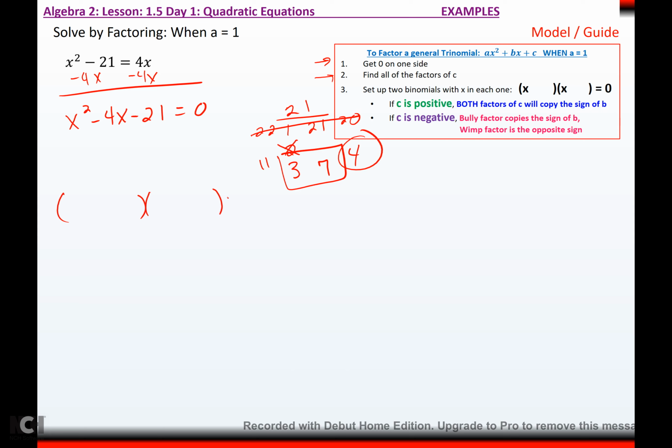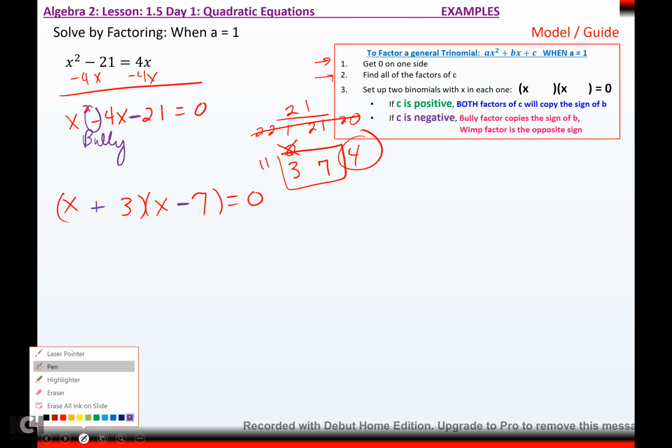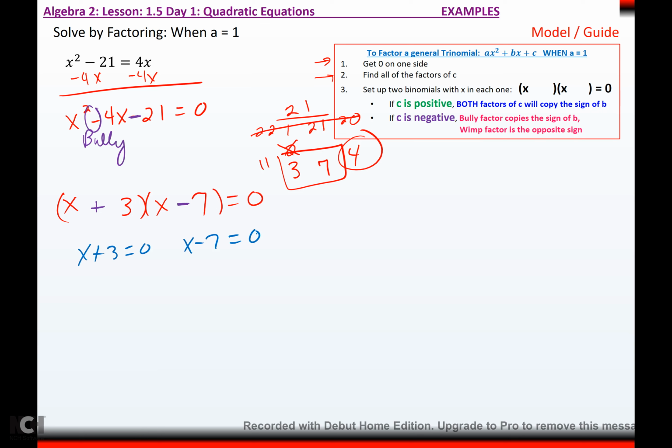So, binomials, x and x, 3 and 7, and figure out your signs. Since my C is negative, then only the bully gets to take the middle. So 7 gets the minus, and 3 has to be the opposite. So then when I solve this, set them to 0. So I have x plus 3 equals 0, x minus 7 equals 0.